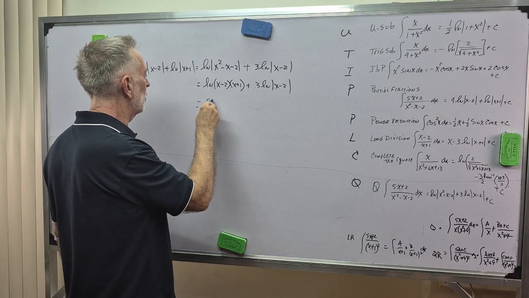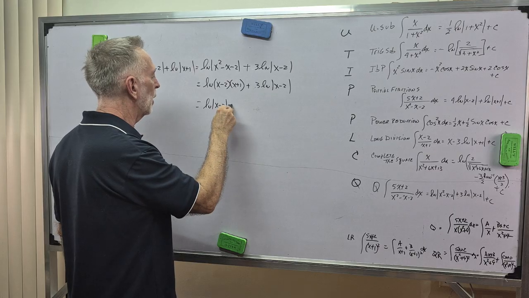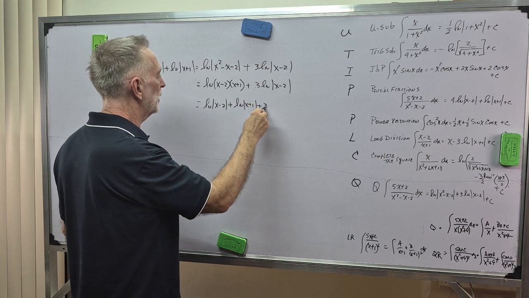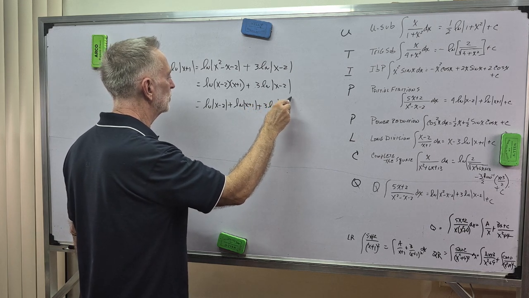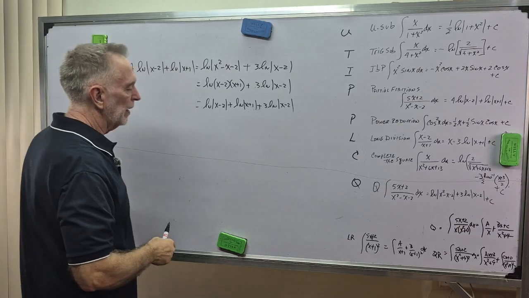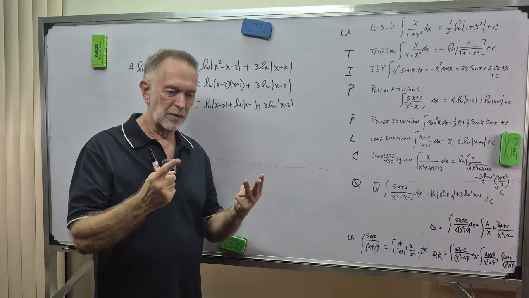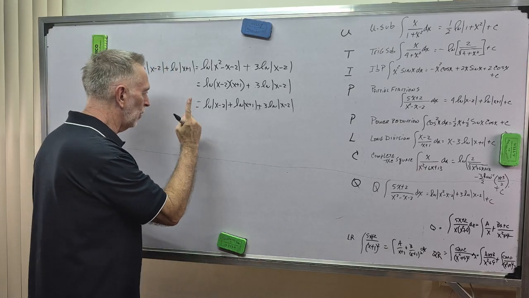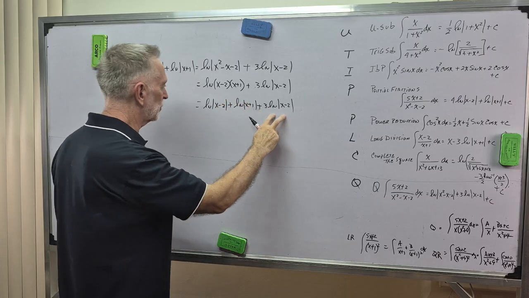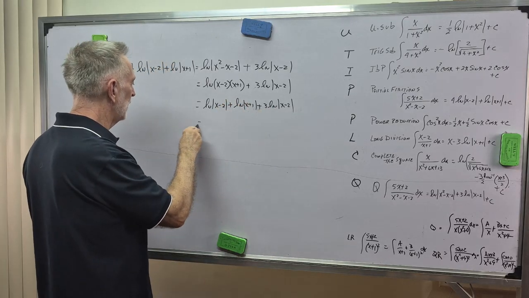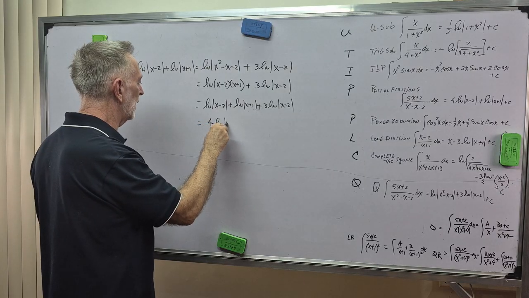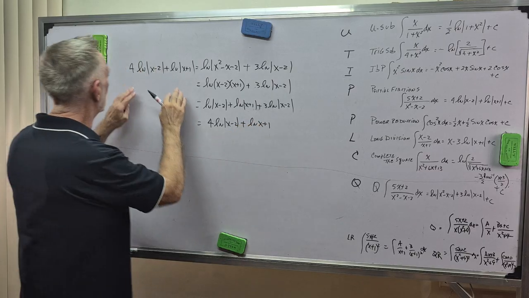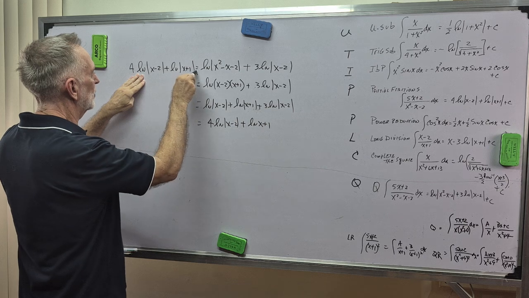So that equals the natural log of x minus 2 plus natural log of x plus 1 plus 3 natural log x minus 2. Okay, if I have 3 tomatoes and 1 tomato, how many tomatoes do I have? 3 plus 1 is 4. I have 1 natural log x minus 2 and 3 natural log x minus 2. That gives me 4 natural log of x minus 2 plus natural log x plus 1. And you'll see that's exactly what this is.